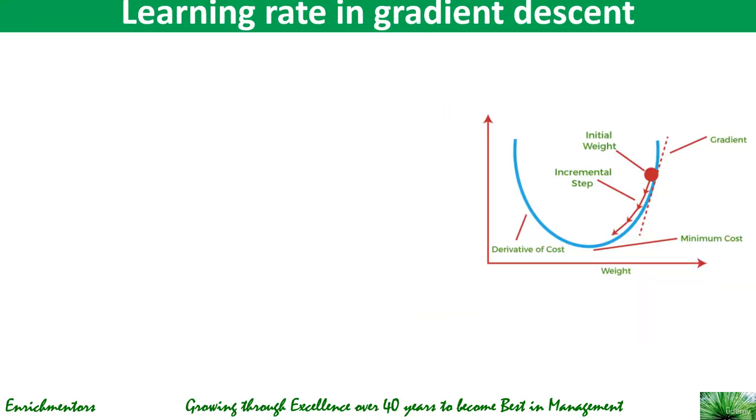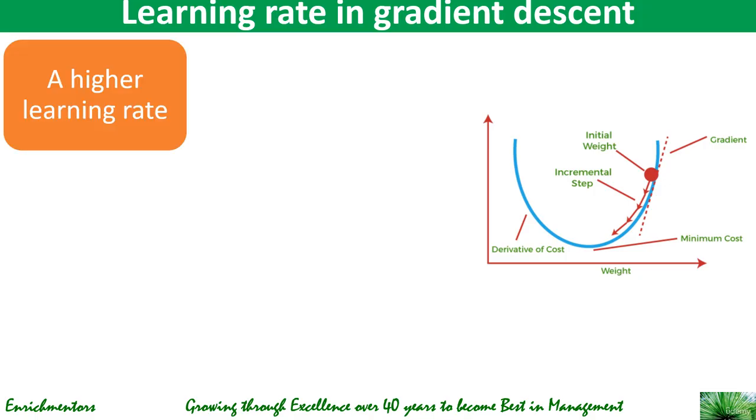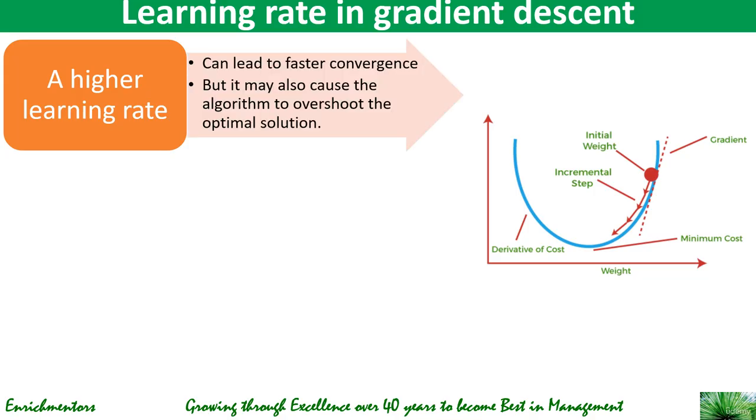So how does the learning rate in gradient descent help us? A higher learning rate can lead to faster convergence, so you can reach convergence faster, but it may also cause the algorithm to overshoot the optimal solution because you're moving too fast.